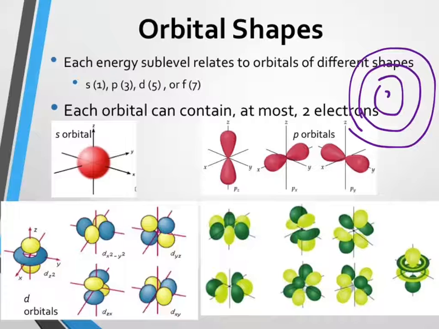So there are 3 suborbitals in the p. Each one can hold 2. So how many electrons can the whole p hold? If there are 3 suborbitals, and each suborbital can hold 2, we can hold a total of 6 electrons.